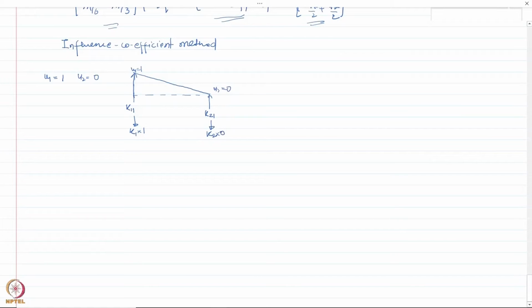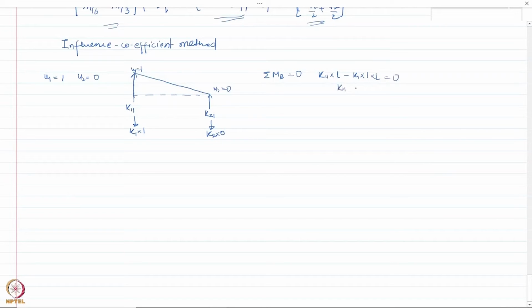Again, we can solve this. Let us write down the equilibrium. If I write down the summation of moments about B equal to 0, I can directly get K11 times L minus K1 times 1 times L equal to 0.